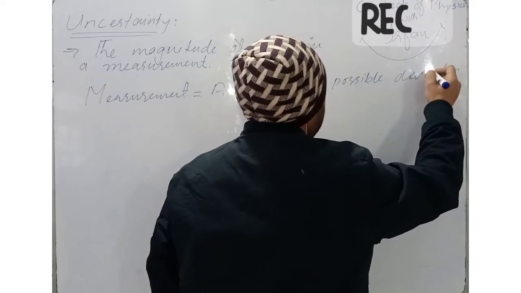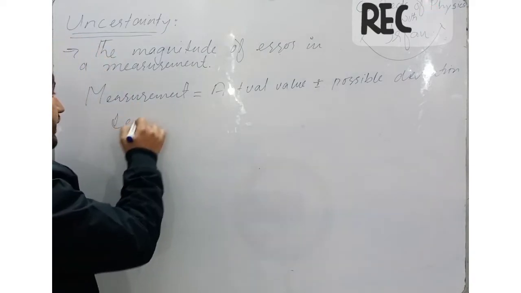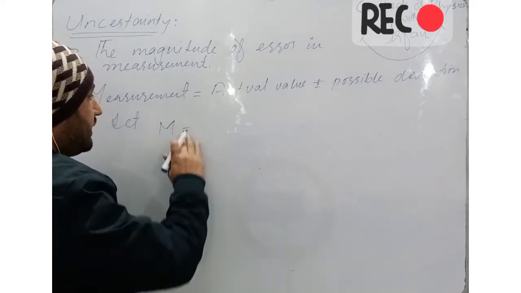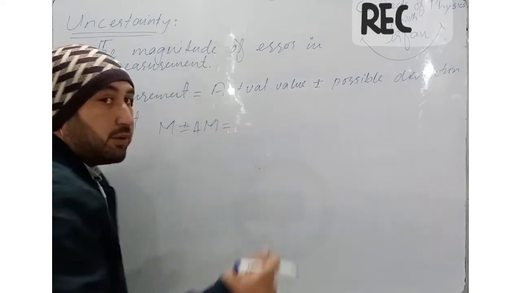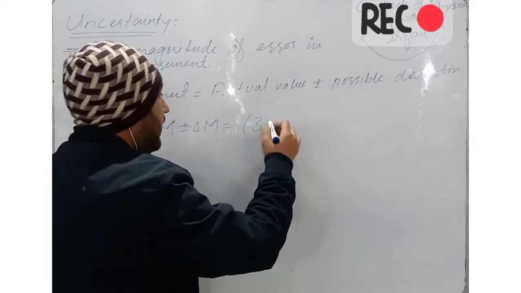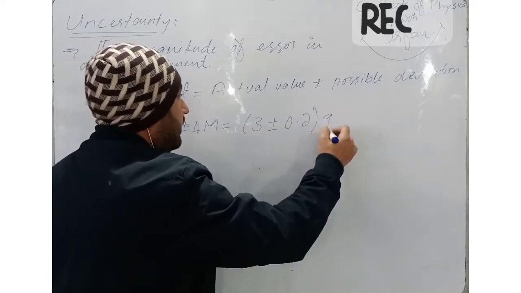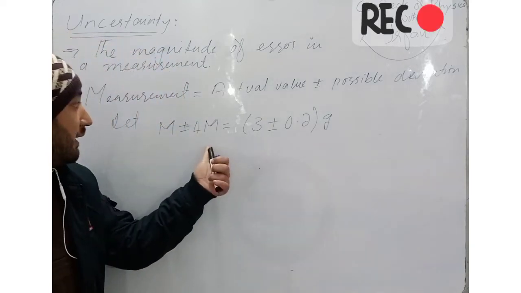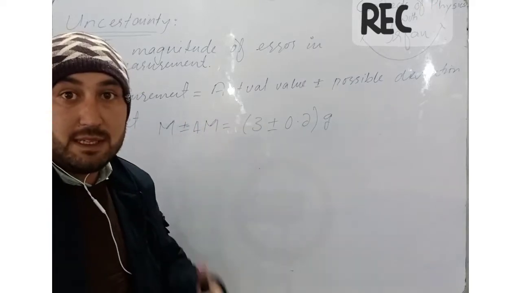If we take an example, let's say we measure the mass of a small object and we find that its mass, including the uncertainty that depends upon the least count of our measuring instrument, is 3 with a possible uncertainty of 0.2, measured with an instrument having a least count of a gram. That is the way to represent any measurement by considering the possible uncertainty.